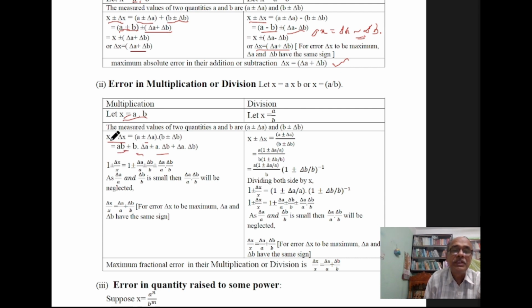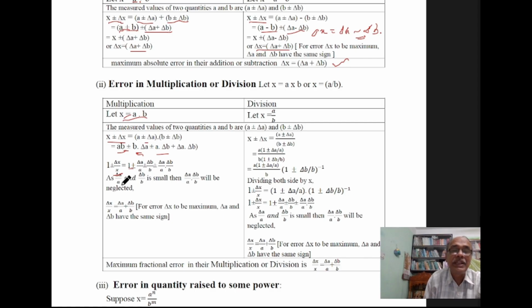So here X divided by X equal to 1, plus minus delta X by X. Here AB by AB equal to 1, and this by AB, B will cancel, so delta A by A plus minus delta B by B, and plus minus delta A by A into delta B by B.